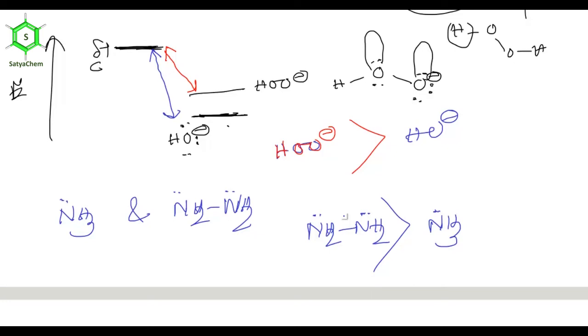Okay, and this phenomenon is called the alpha effect, and due to the alpha effect, HOO minus is more nucleophilic than HO minus, and hydrazine is more nucleophilic than ammonia. Clear?